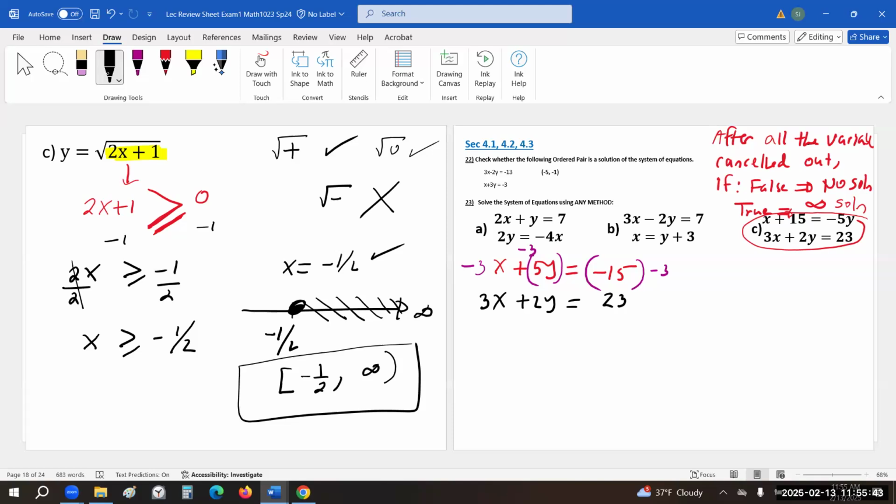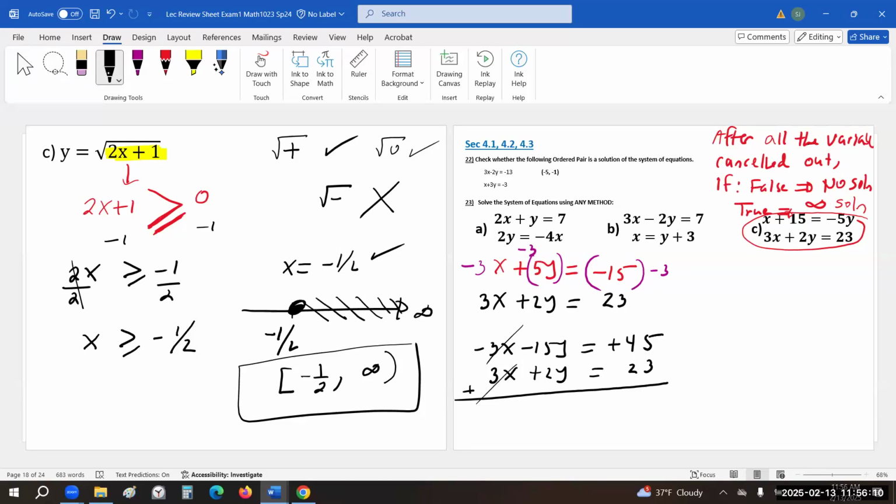Then we get negative 3x minus 15y equals positive 45. And our second line is 3x plus 2y equals 23. Once we have the same number with opposite signs, we add them, they cancel out.